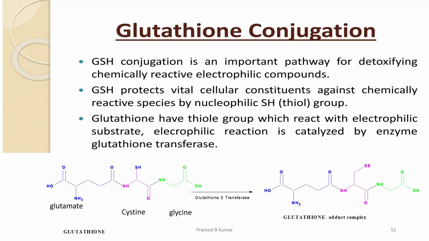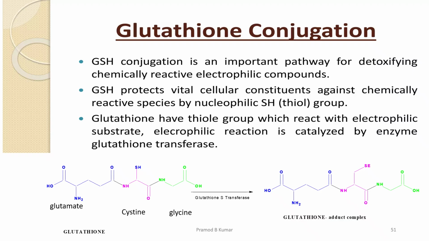Next is glutathione conjugation. Glutathione contains a mixture of glutamate, cysteine and glycine. When the enzyme glutathione S-transferase is present, the SH of your cysteine, that is the thiol group, will combine with any electrophilic substrate which is present.